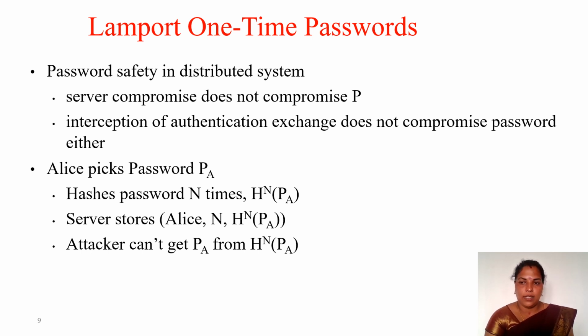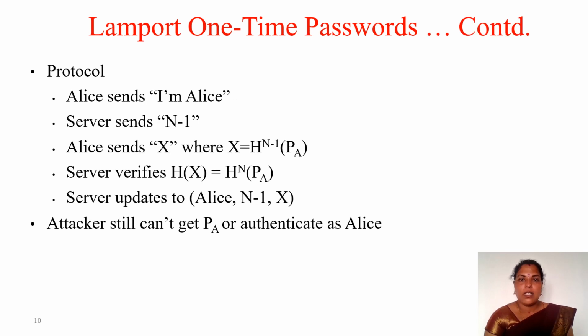So here it is used in the Lamport one-time password also. So this is how the protocol works. Alice sends 'I am Alice', the server sends N1, then Alice sends X, where X equals the hash of the PA value. Then the server verifies, updates Alice to N minus 1, and sends N minus 1, that is, N minus 1 hashes the server is sending.